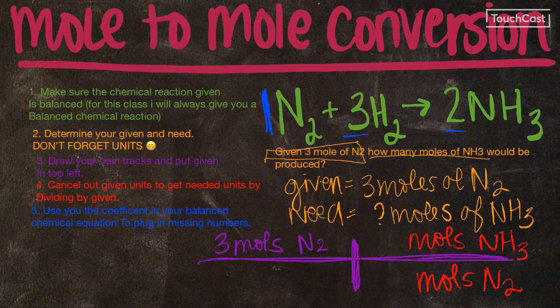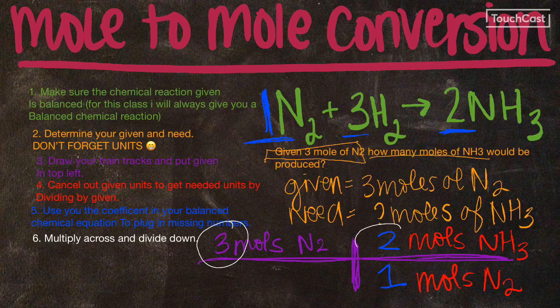So I'm looking for moles of N2. I have 1 mole of N2, and I'm converting to moles of NH3. So I have 2 moles of NH3. Our last step, step 6, is to multiply across. So I'm going to take 3 and 2 and multiply across, so 3 times 2, and I divide that by 1.